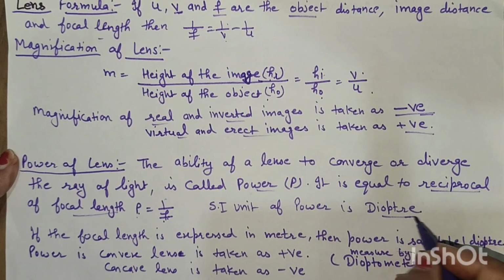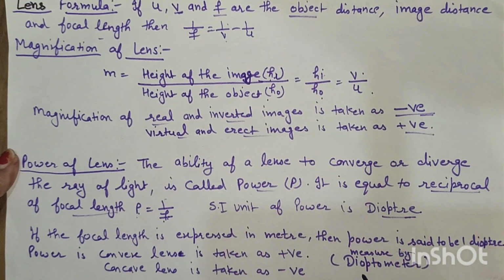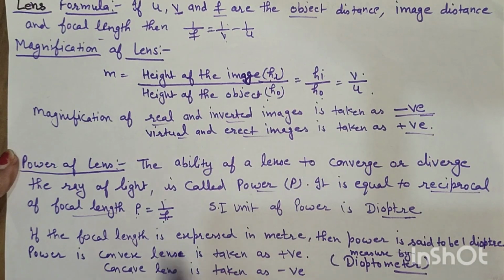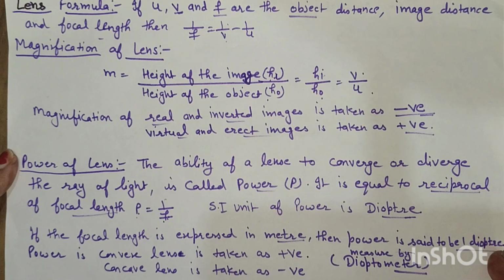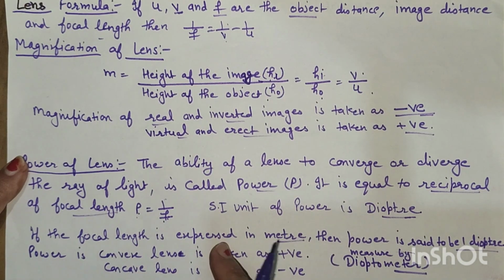If the focal length is expressed in meters, then power is said to be 1 diopter when the focal length is 1 meter. Power of a convex lens is taken as positive and of a concave lens as negative.